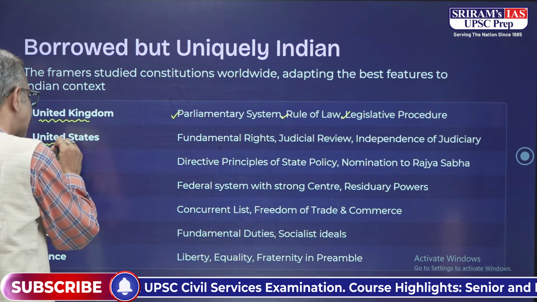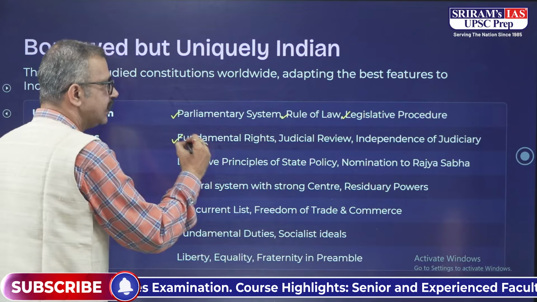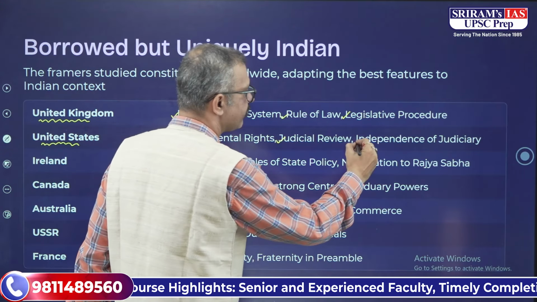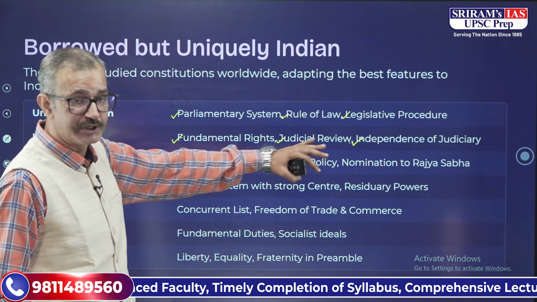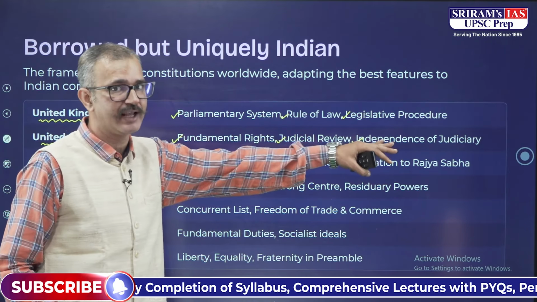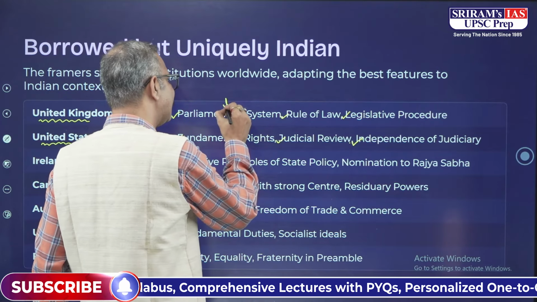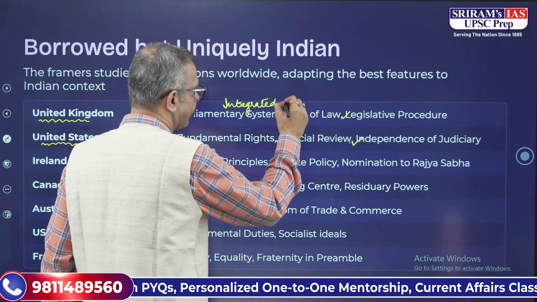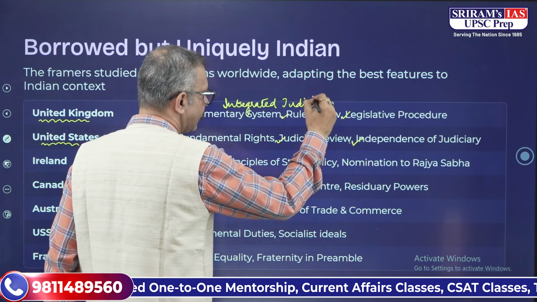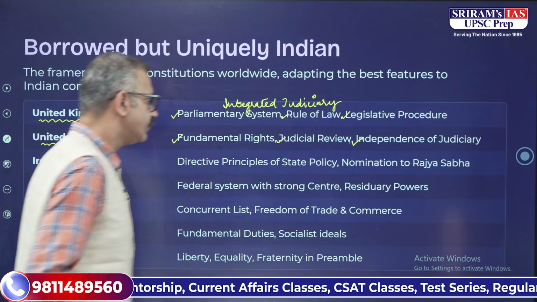Then from the United States, we have taken the fundamental rights, along with judicial review and independence of judiciary. Independence of judiciary we have taken from the USA, but the integrated judiciary is taken from the UK.